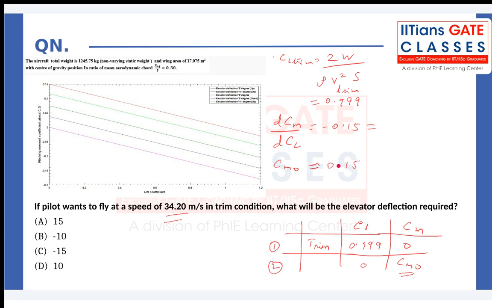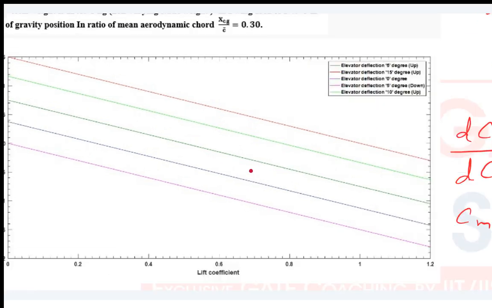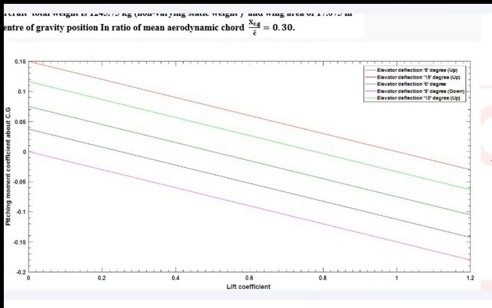Now look at the graph and see for which line the graph is at 0.15. How did we get CM naught? Using the straight line equation: you have 2 points and you have the slope.